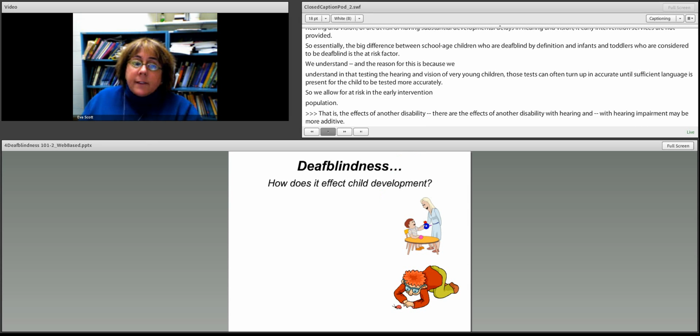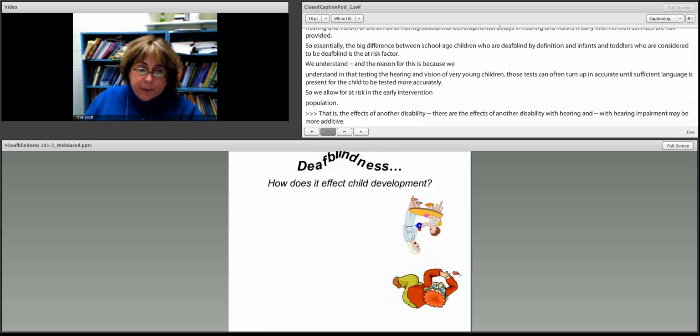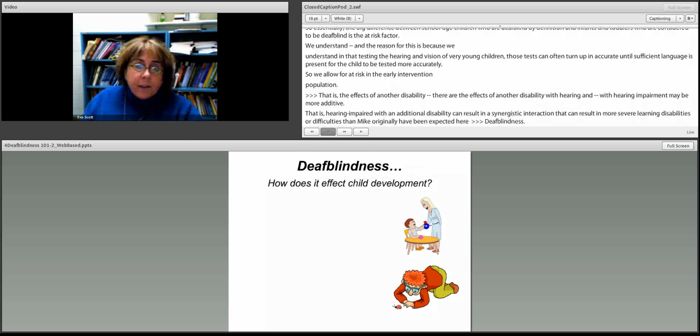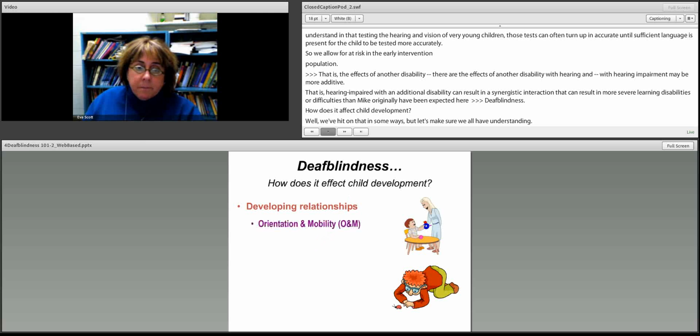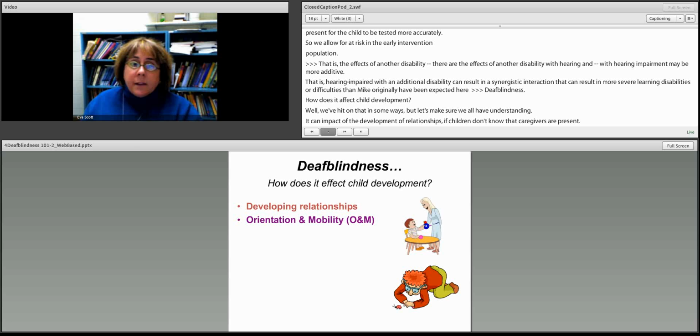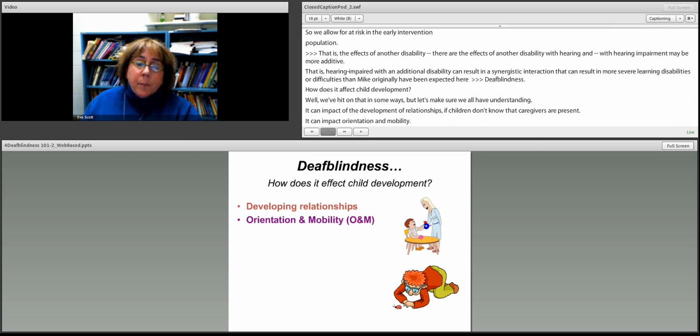Deaf-blindness, how does it affect child development? Well, we've hit on that in some ways, but let's make sure we all have understanding. It can impact the development of relationships if children don't know that caregivers are present. It can impact orientation and mobility, the child's understanding of their body in space and their ability to move safely around their environment.